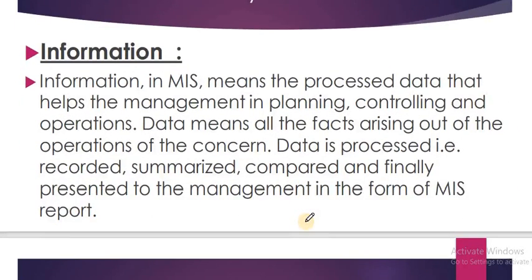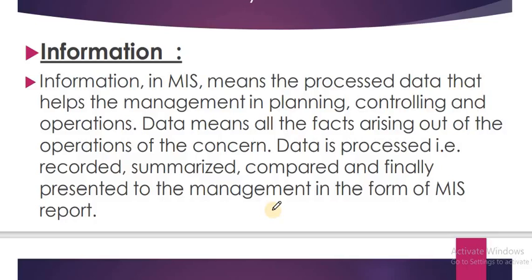While the information aspect means the processed data that helps the management in planning, controlling, and operation. Are we together? The first one is the management, where we say it's planning, controlling, but they cannot plan, they cannot control any operation without a certain information.